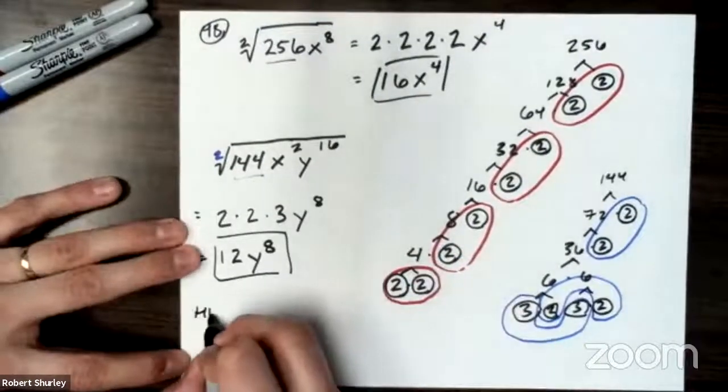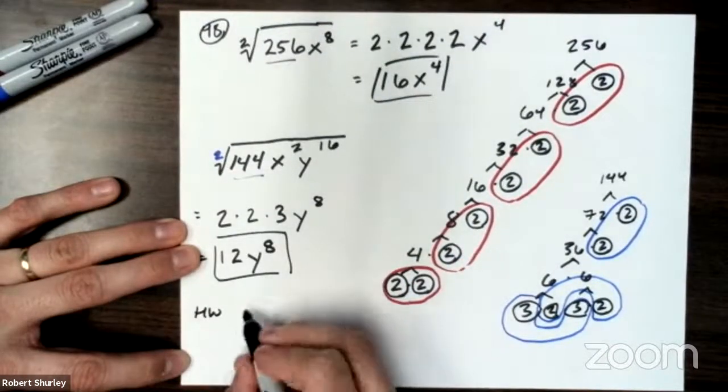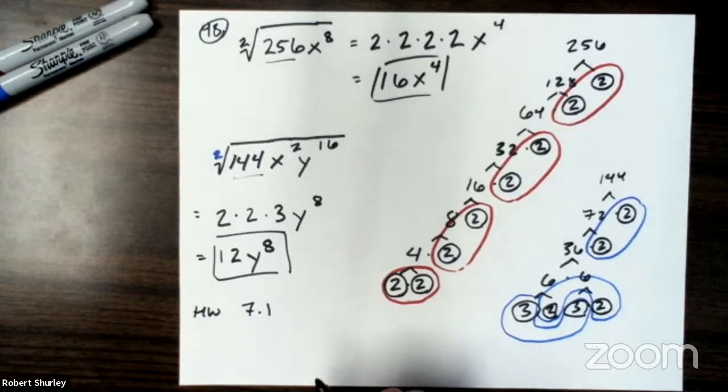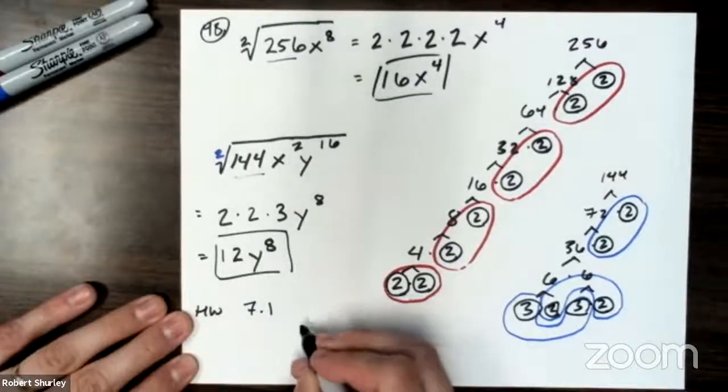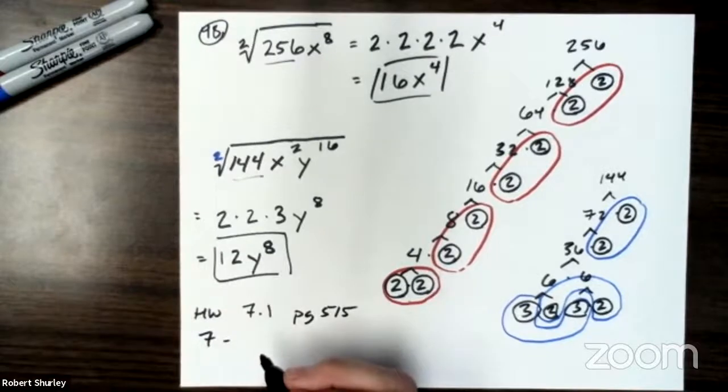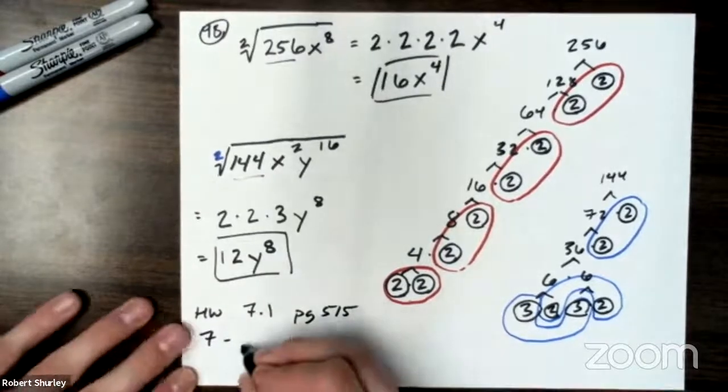But the homework is for section 7.1. Let's start on number 7. This is on page, it starts on page 515, number 7. Do 7 through 17.